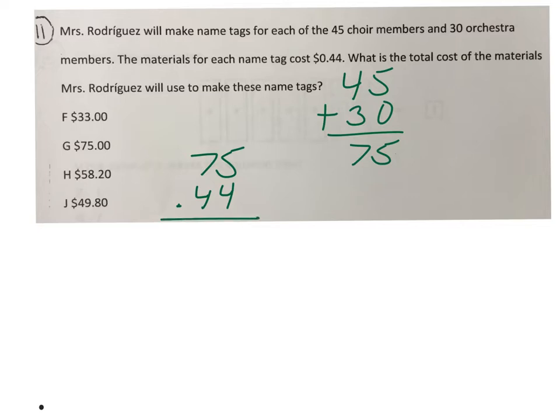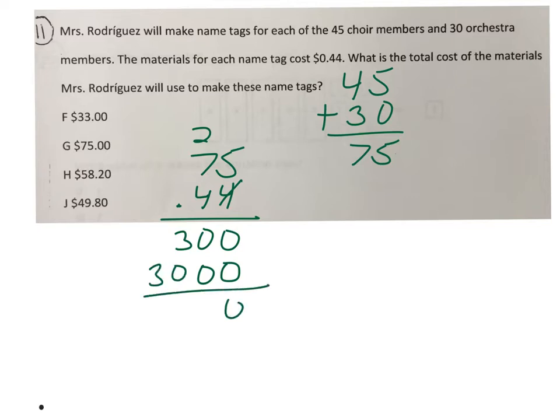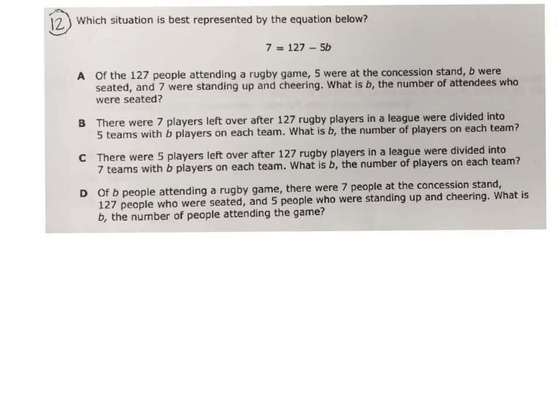So go ahead and multiply that out. That comes out to 3,300. Don't forget to move over your decimal from the end in, and that gets you $33.